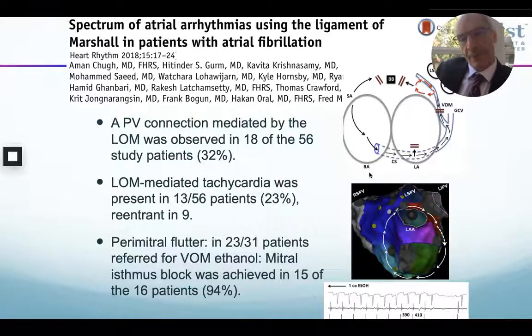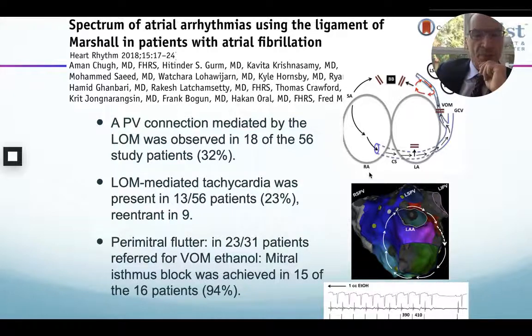Similar studies were conducted by Aman Chugh in Michigan, where in their hands, they showed that a PV connection mediated by the ligament of Marshall was observed in 32% of patients coming back after ablation. Our experience was only 5%, so it's a lot less, but they did not use selective multi-electrode mapping of the vein of Marshall, so their assessment was much more inferential than ours.